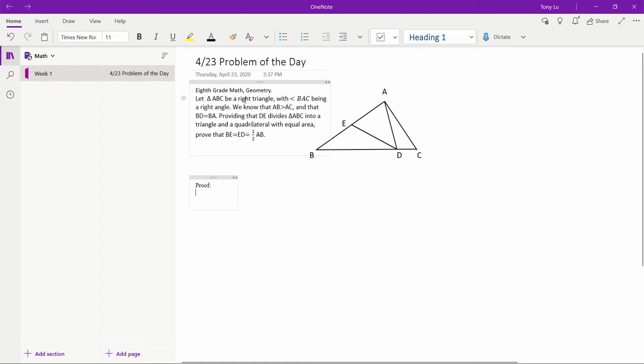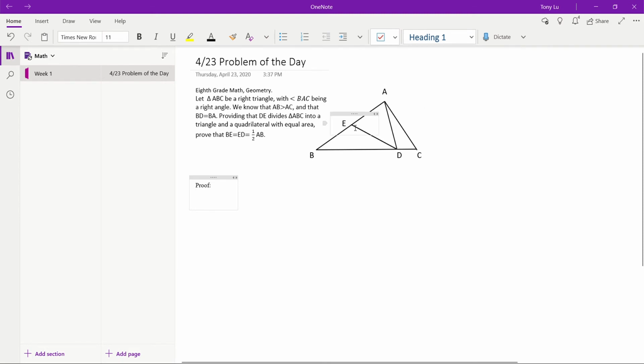So you can see we have a right triangle ABC, with the angle BAC being the right angle. So we know that AB is greater than or equal to AC, and that the line segment BD is equal to BA.